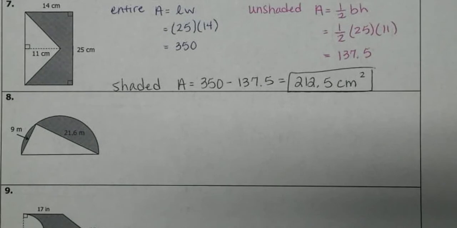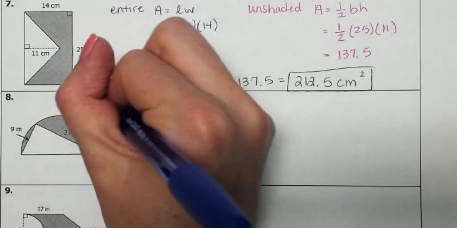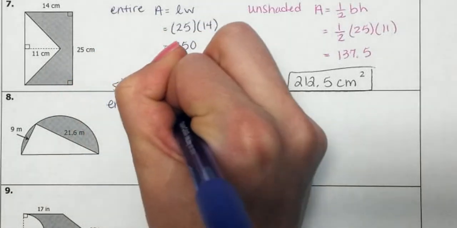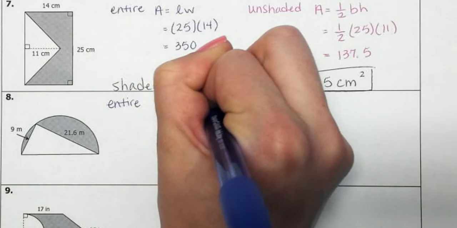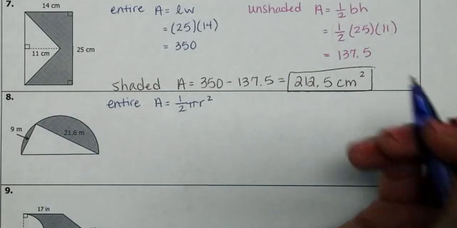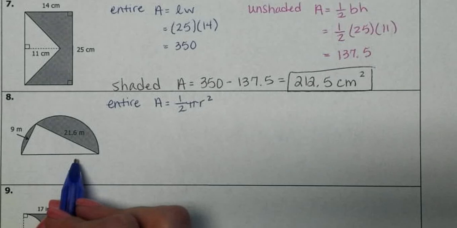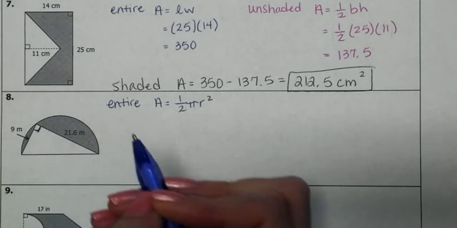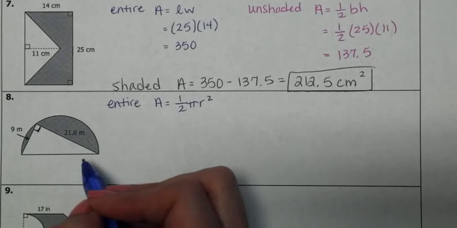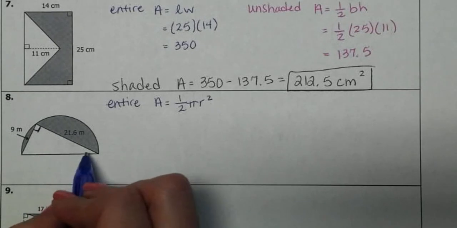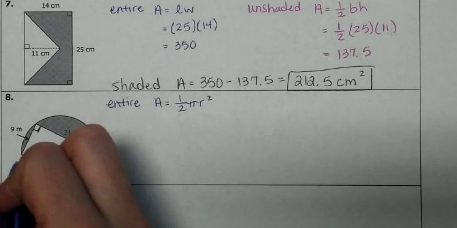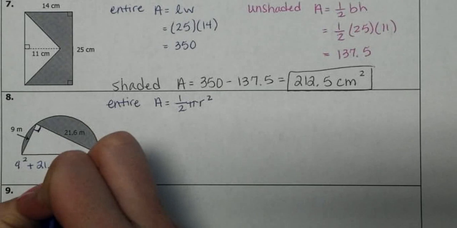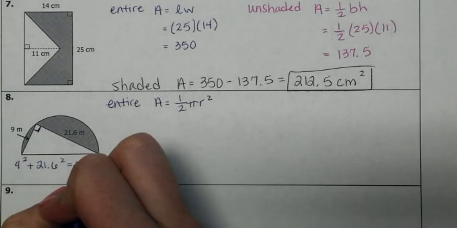Okay, number 8. The entire region is a half circle. So I'm going to take 1/2 pi r squared. However, I do not know the radius. But I do know I have a right triangle here. It should show you that. So you have to do Pythagorean theorem to find the diameter and then cut it in half to find the radius. So I would have 9 squared plus 21.6 squared equals c squared.